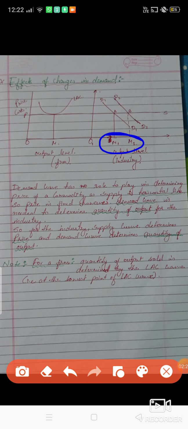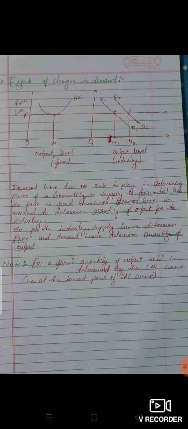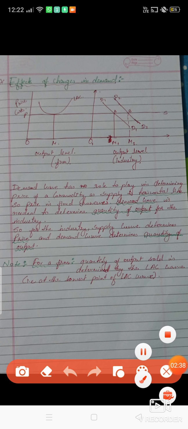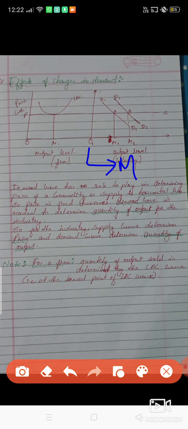Here you can see the supply curve, where demand and supply both intersect. For the farm, O1 M1 is the output level where the farm can get the maximum profit. In the second case, it decides how much the industry should produce: O1 M1, if the demand curve is at A.